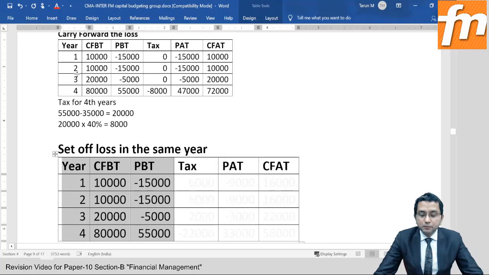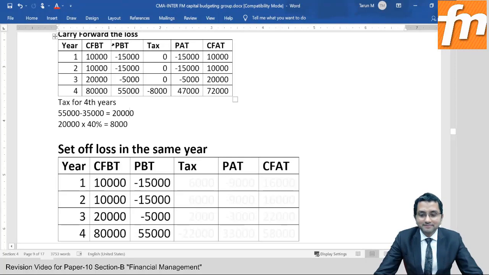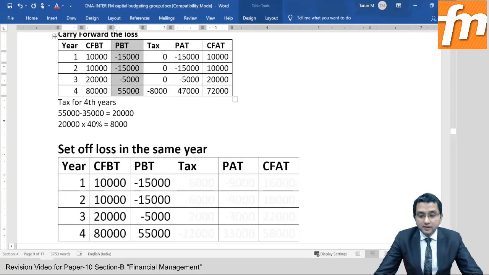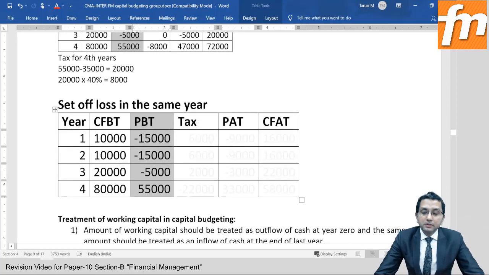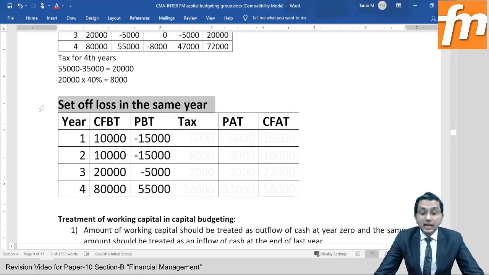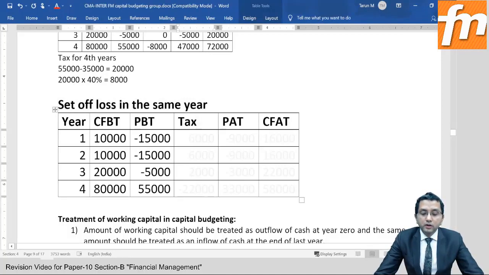So the calculation up to PBT is exactly the same. Look here. PBT 15,000, 15,000, 5,000 and 55,000. And here in this table also PBT is the same. But now the next step will change because now the assumption is being changed. Now I'm assuming that I don't have to carry forward the loss. I'll set off the loss in the same year. So what do I do for that?